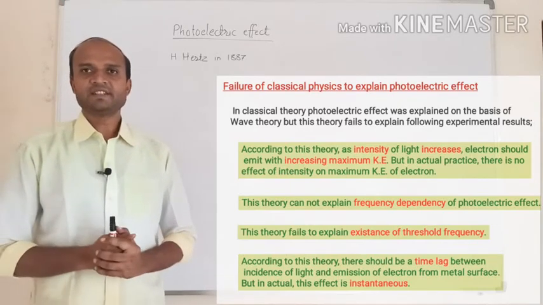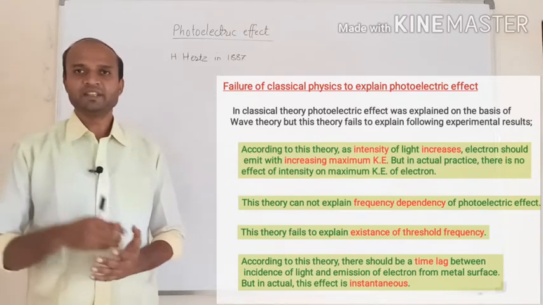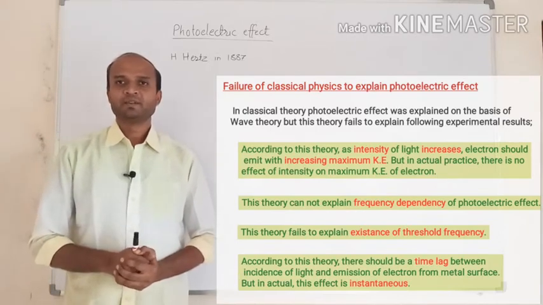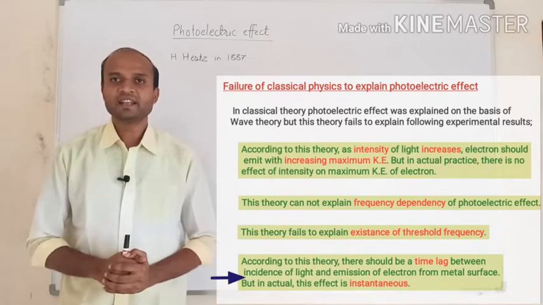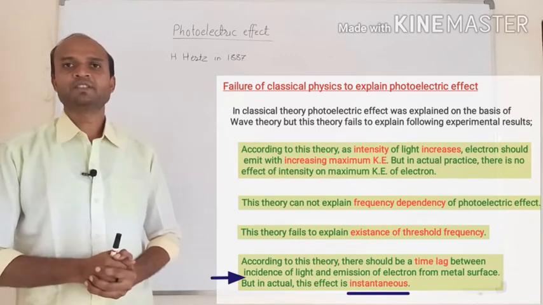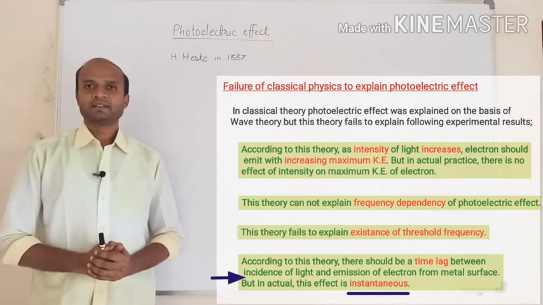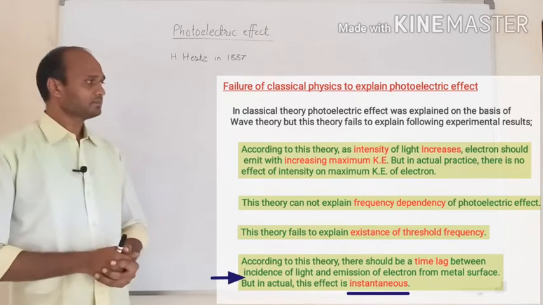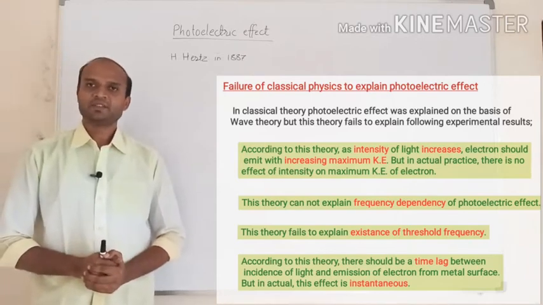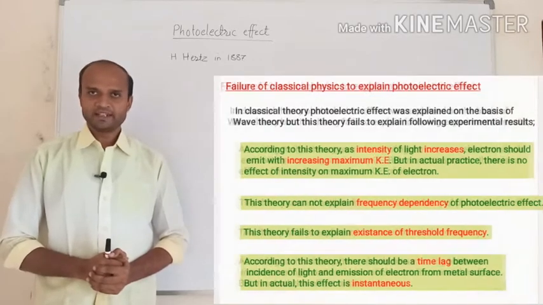But practically it is observed that photoelectric effect is an instantaneous process. As soon as light is incident on a metal surface, emission of photoelectrons takes place. These are the points which cannot be explained by classical physics, and that's why classical physics fails to explain the photoelectric effect.